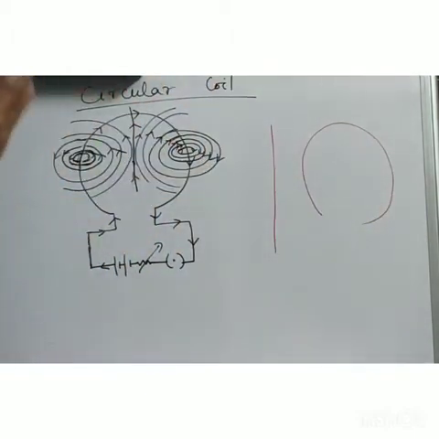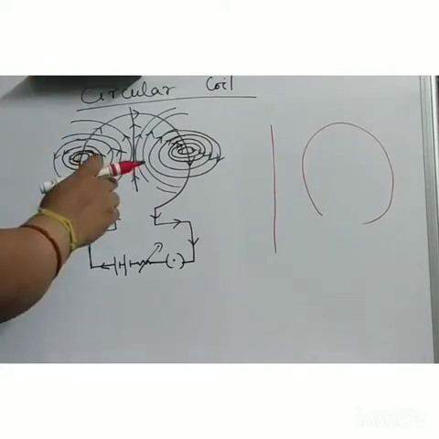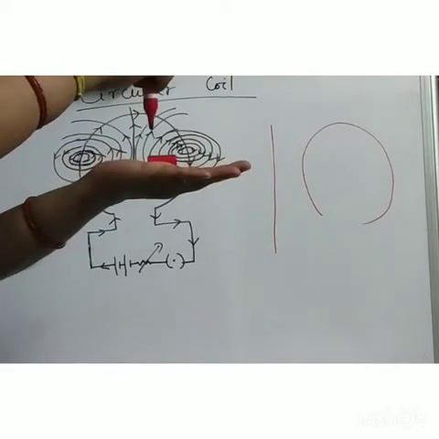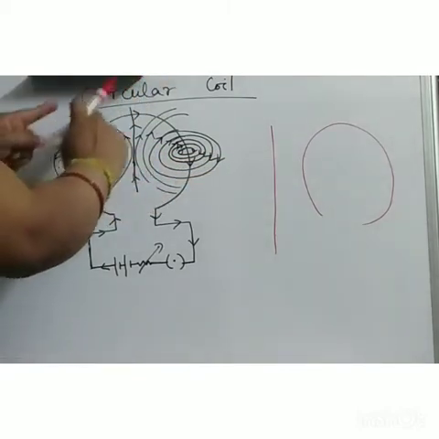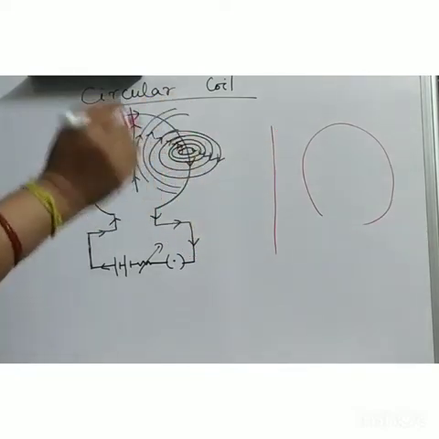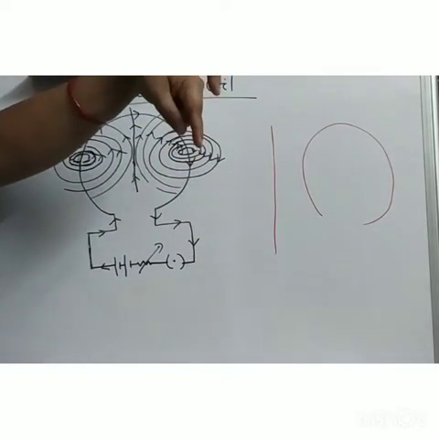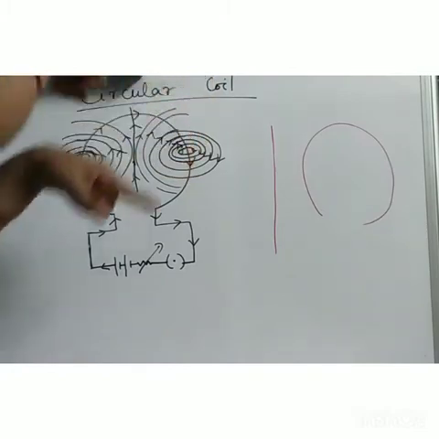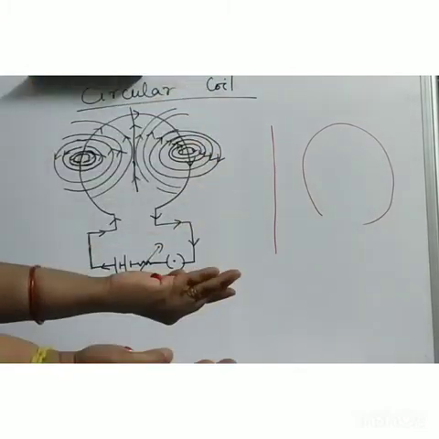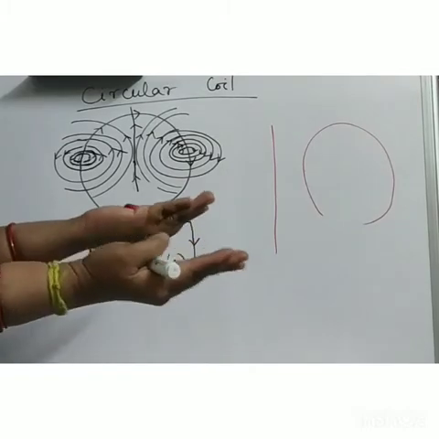Nothing more than that. One thing: in the last class, we put the straight wire in a cardboard. Here you have to put this circular wire into the cardboard. That means there will be two holes, and through the two holes the two ends of the wire go to the lower part of your cardboard.